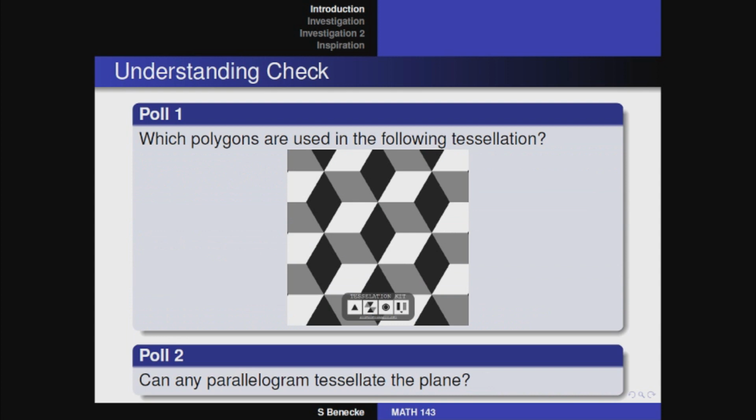Now, if I look at that picture, which polygons, which shapes are used there? It has a three-dimensional look to it.